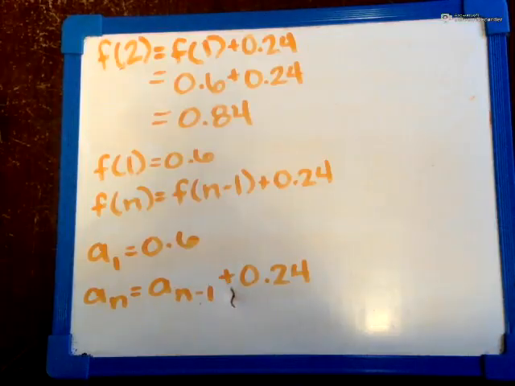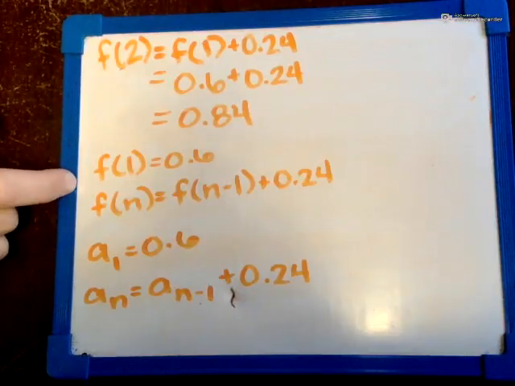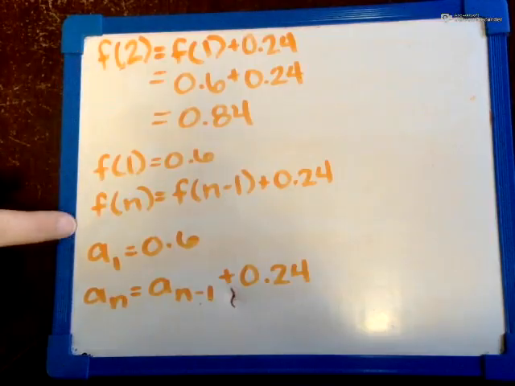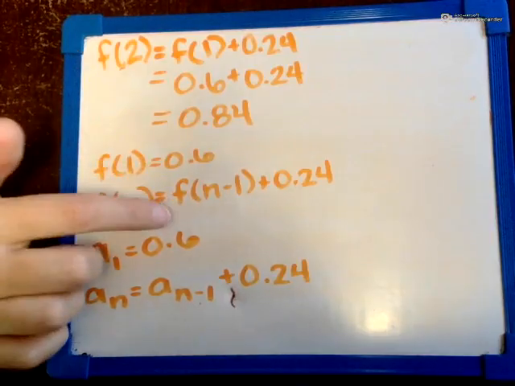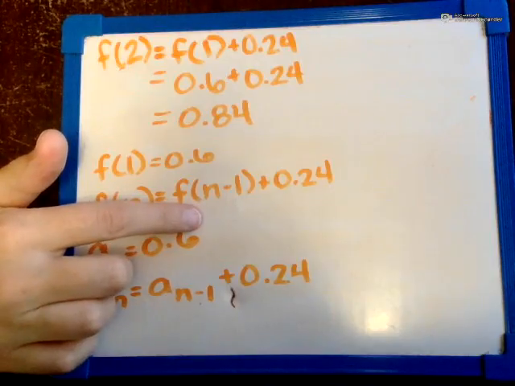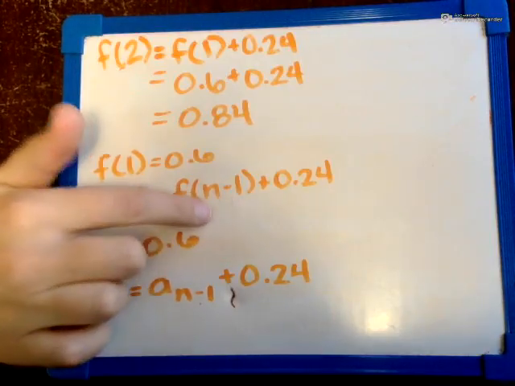Sure, why not? Okay, so using our function formula, we're just going to plug in 2 for the value of n. Okay, so we have f of 2 is equal to f of 1 because n minus 1, which would be 2 minus 1, is 1.